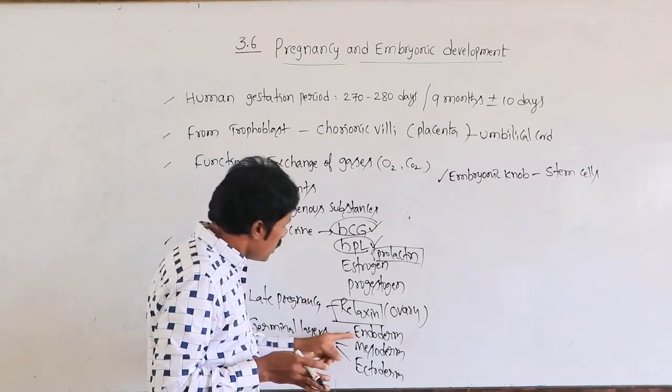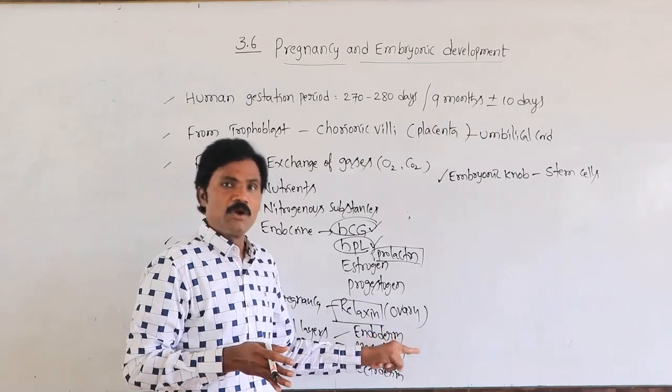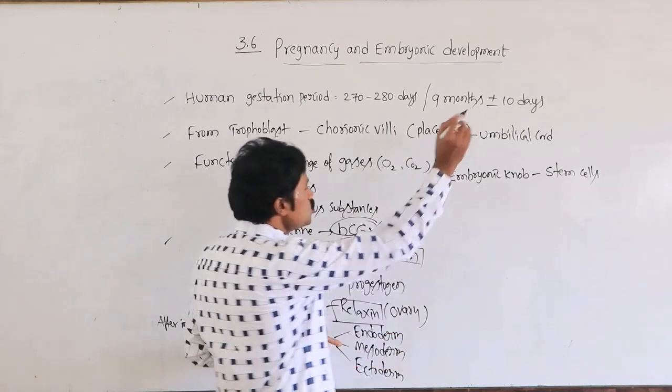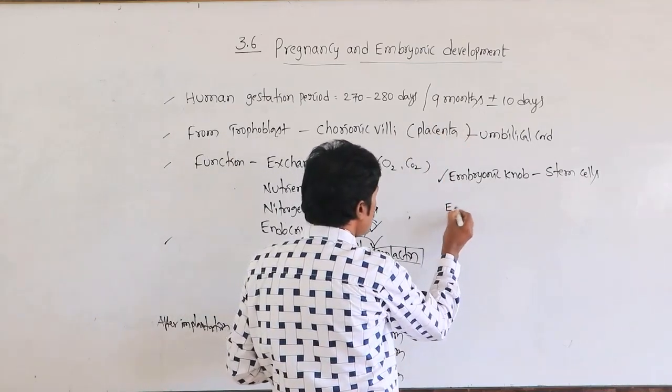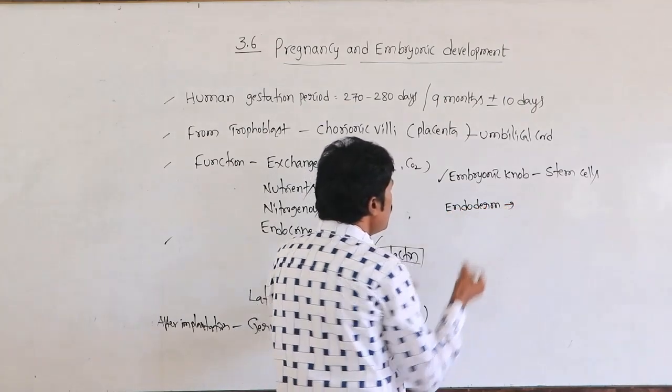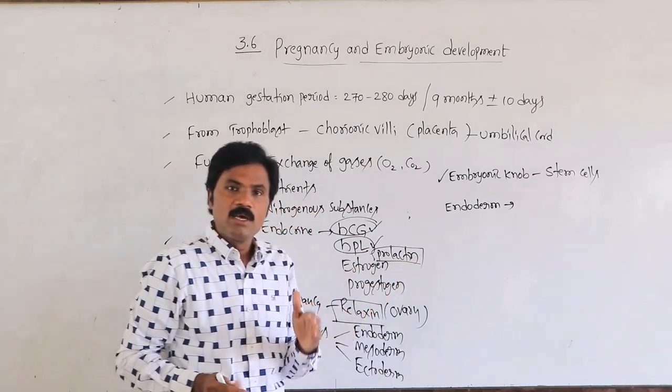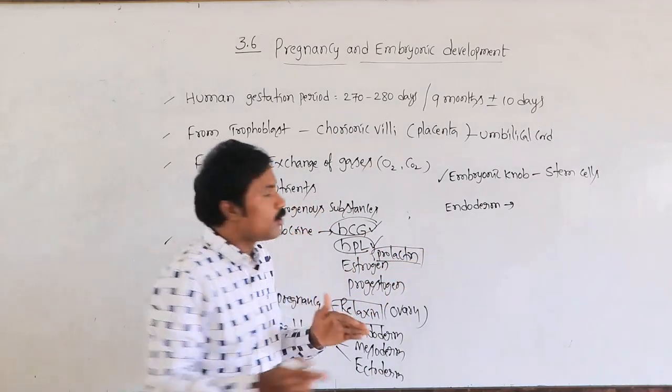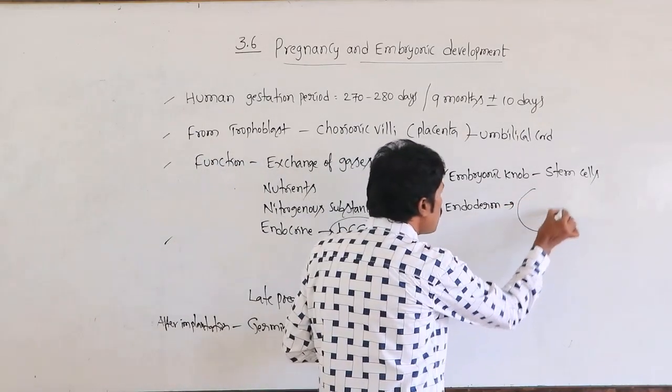For example, for the endoderm, what are the tissues which develop and the organs it forms? From where will the endoderm be formed? From the embryonic knob. Already you know the embryonic knob.